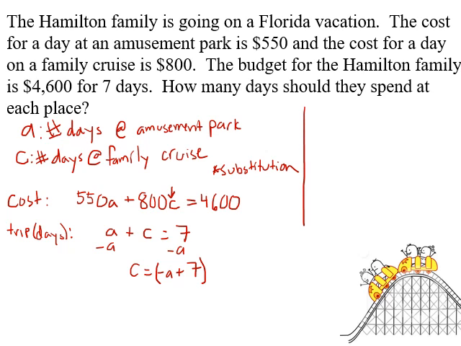Going off to the side here, 550A plus 800C, where C is negative A plus 7, equals 4,600. I can now distribute.